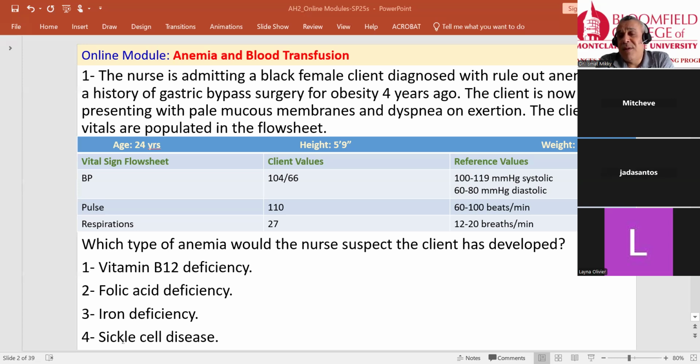Because remember that with the gastrectomy, first of all, we have to go back to the pathophysiology, because B12 is usually absorbed through the intrinsic factor, the IF. And the intrinsic factor is produced and secreted from the top part of the stomach. So when we do a post gastrectomy, the patient has no tissues to produce the intrinsic factor.